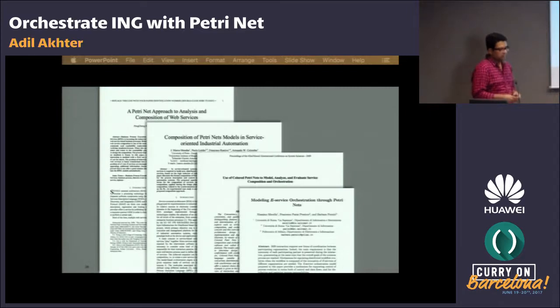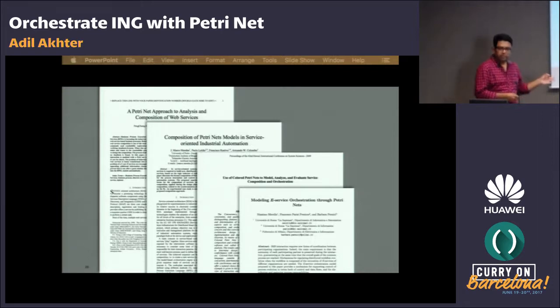And after further investigation, reading a lot of different research papers, we realized that it's a really well-founded process modeling technique that has formal semantics. It's a very simple language. It has a graphical counterpart, but it has a formal semantic. So you could analyze the specification based on Petri Net to come up with some interesting aspects of your system.